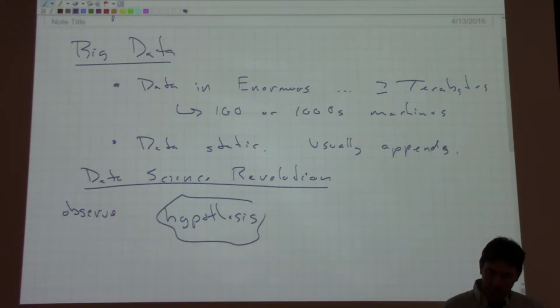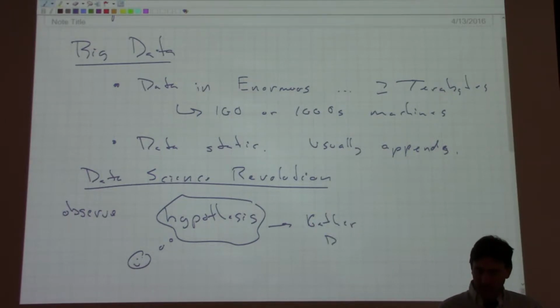You think in your head of this hypothesis about the world. And then there's the experimentation, but often what this means from a data point of view is that you go and gather the data. Once you have the hypothesis, you then go and gather this data. And then once you have the data, you draw some conclusion.